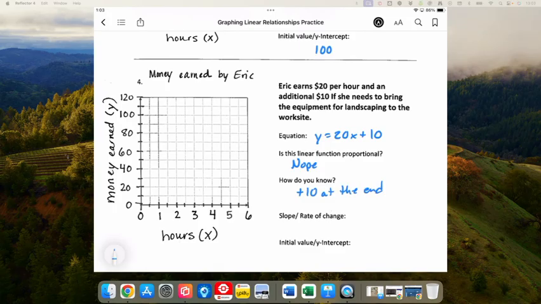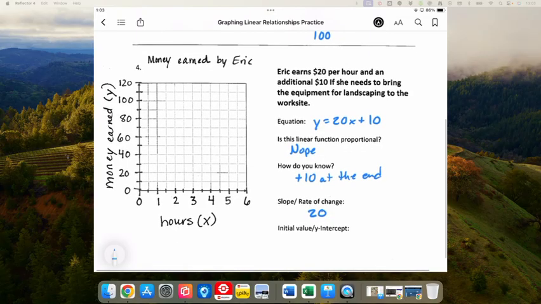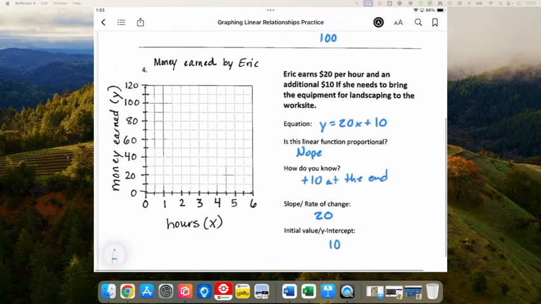Our slope or rate of change is how much it's changing for every hour in this case. That is $20. That's the value that's attached to the x there. And our initial value or y-intercept is going to be 10. That's the place we start at.